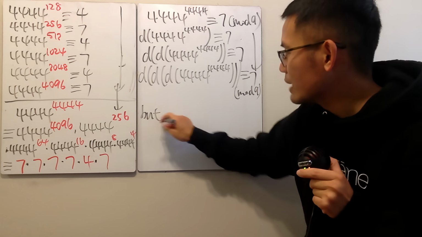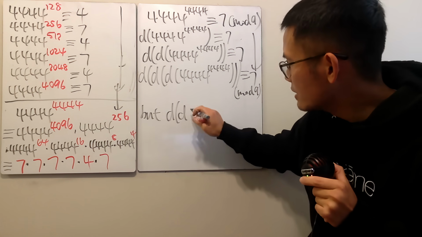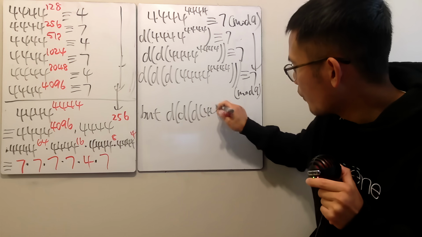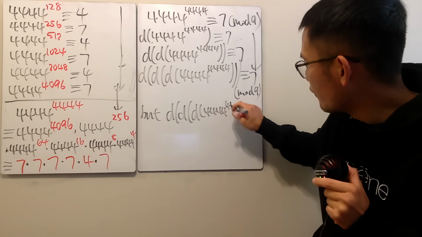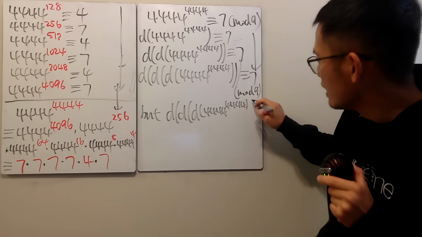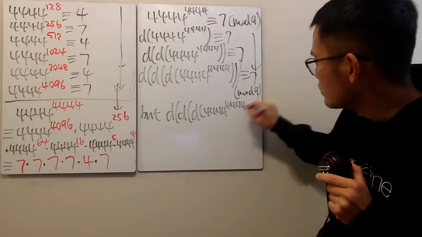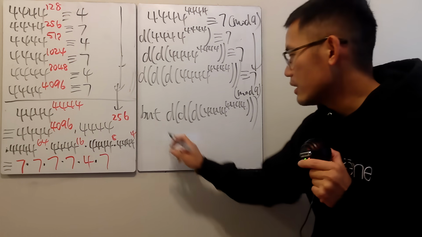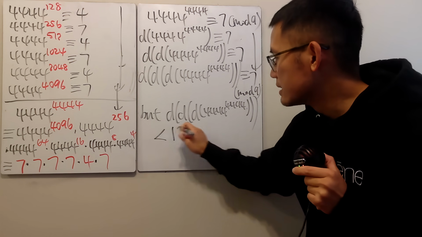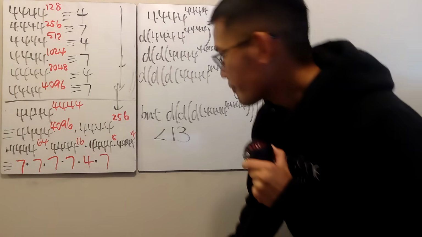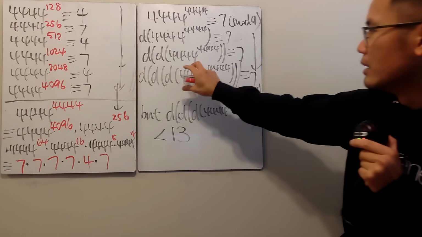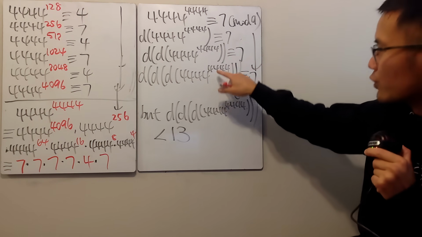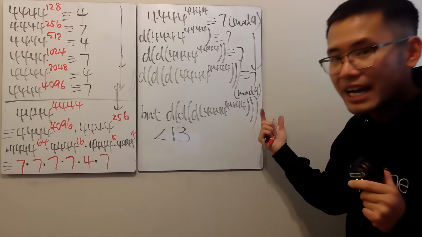But we know that the digit sum of the digit sum of the digit sum of 4444 to the 4444 power, per our discussion earlier, has to be less than 13. Well, have a look. The digit sum of the digit sum of the digit sum of 4444 to the 4444 is 7 mod 9.